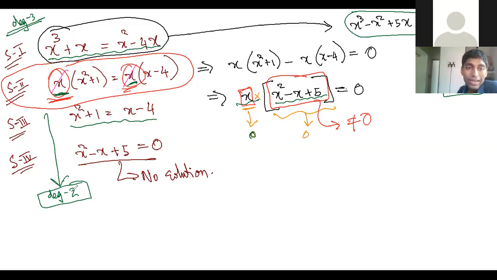Because you reduce the degree, you are missing out on some solutions. जो solutions between वो सब छूट जाएगा. Whatever was in between, you are going to lose. That is why all of you lost this solution, x equal to 0. So this is one place where all of you should be very careful.